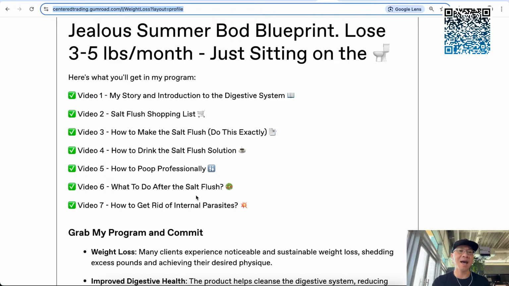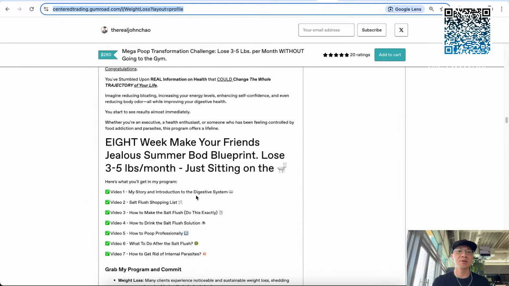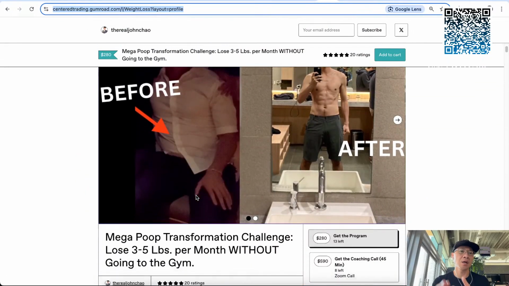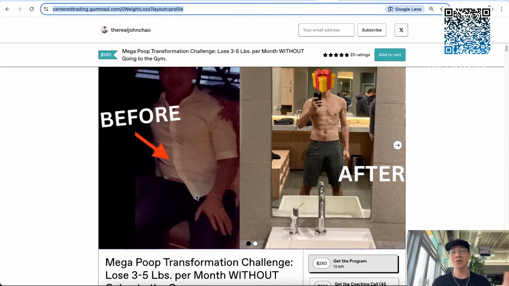If you do this exactly and you drink the self-flush solution exactly the way that I teach you, you will maximize your success. How do you poop professionally? What should you be doing after the self-flush? How do you get rid of internal parasites, right? So that's one blueprint in the areas of your health that I know through and through.